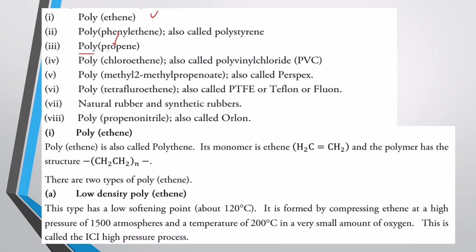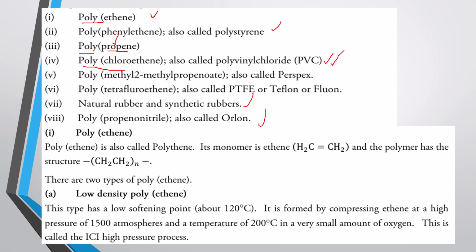So here we joined very many propene molecules to get a polymer called polypropene. Same applies to polyethylene, polychloroethylene, which is the same as polyvinyl chloride. Now this is a very common polymer during examinations, together with polystyrene. So we can also look at natural rubber together with orlon, and we are going to break them down one by one.